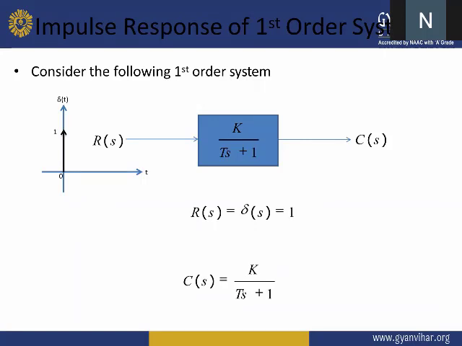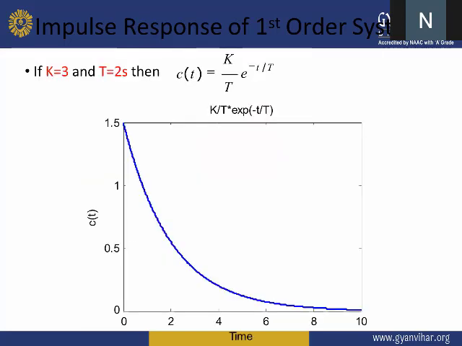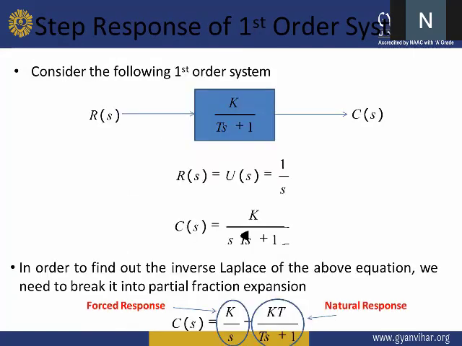We saw the impulse response for a first order system, how it behaves, that it is an exponentially decaying response, and how, with variation of the gain and the time constant, the response behavior changes.